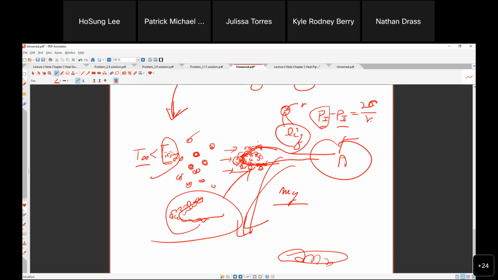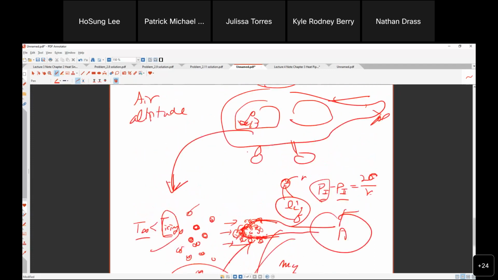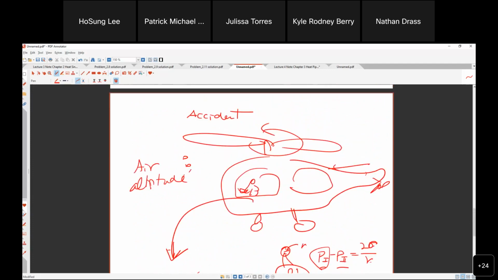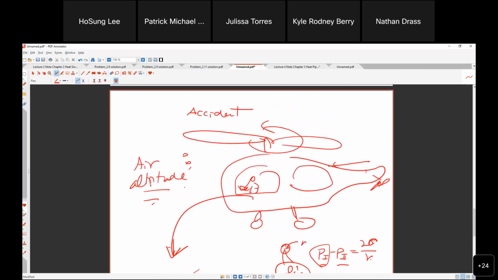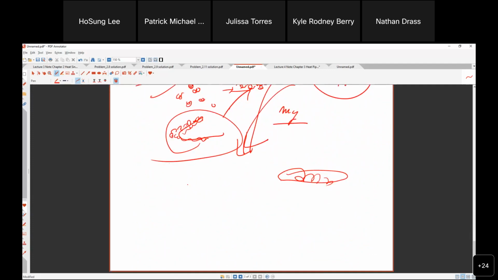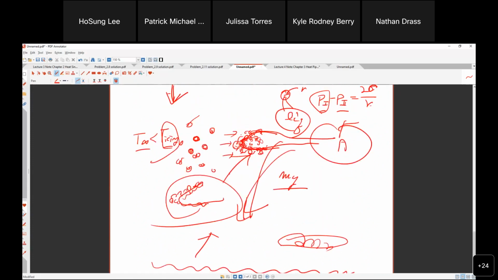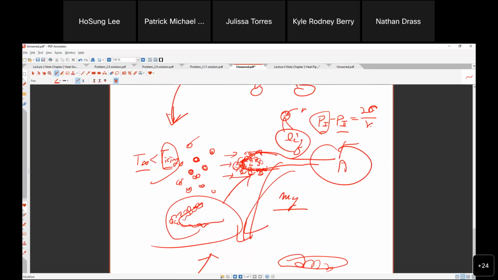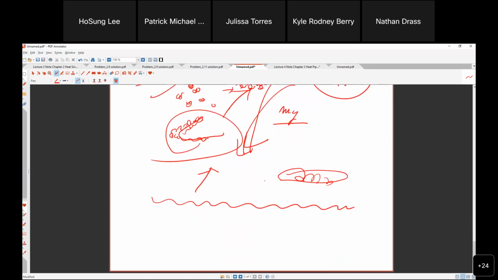So the Young-Laplace equation is very weird in the air. This is my story, or my interpretation, of a helicopter crash, a sudden situation.